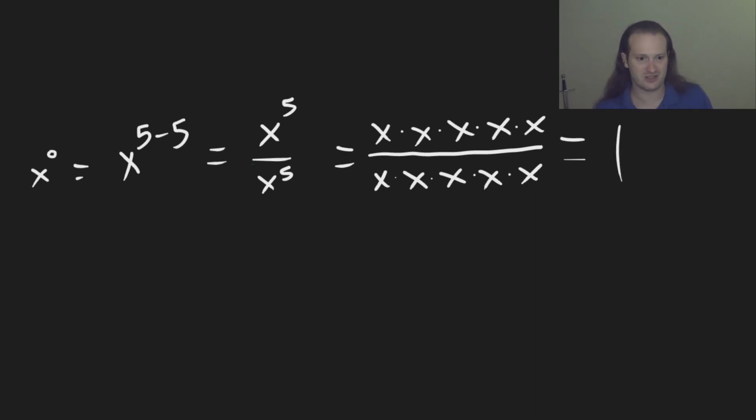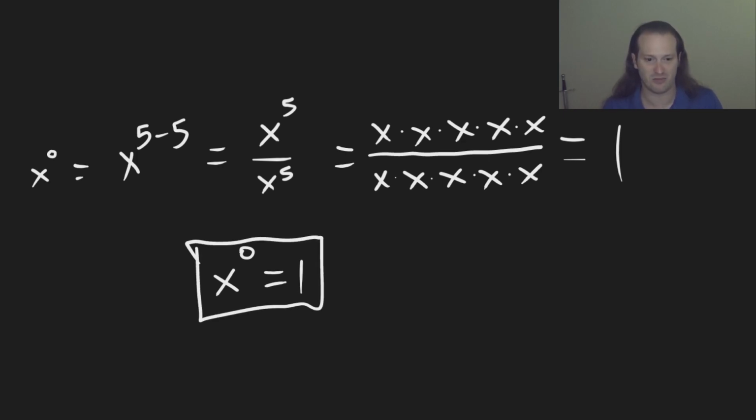So by this example, and in general, if we have x to the 0, it equals 1. That is a property that you can have in your back pocket. Basically we're saying we're multiplying x by itself 0 times. Well, that doesn't really make any sense.